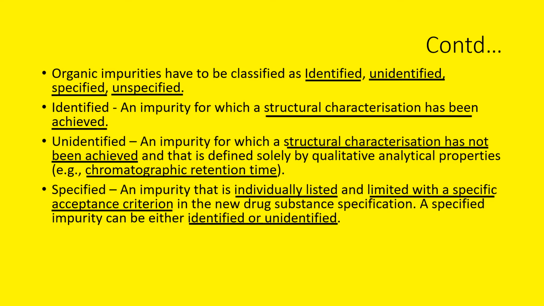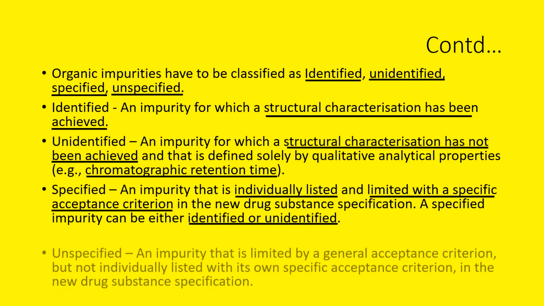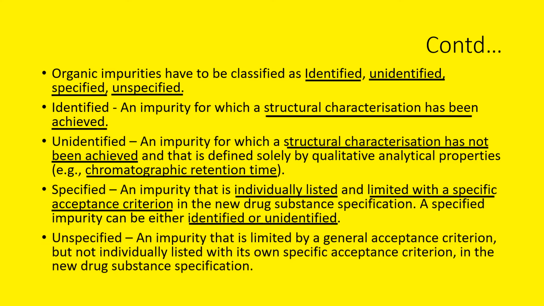It can be either identified impurity or unidentified impurity. An unspecified impurity is an impurity that is limited by a general acceptance criterion but not individually listed with its own specific criterion in the new drug substance.